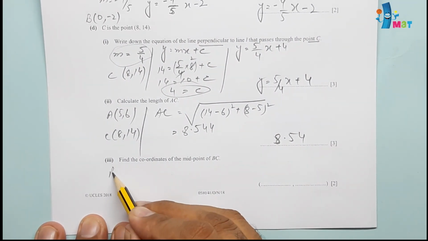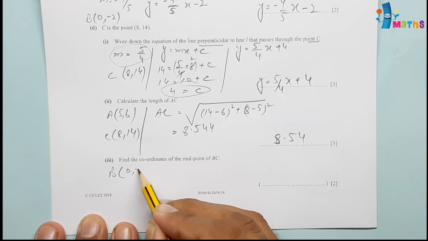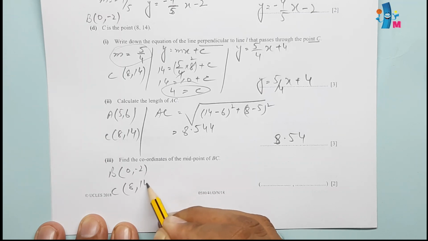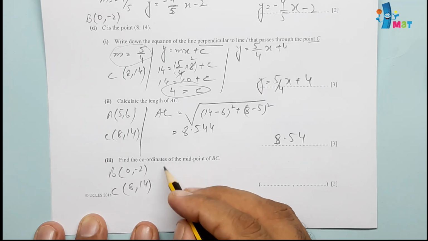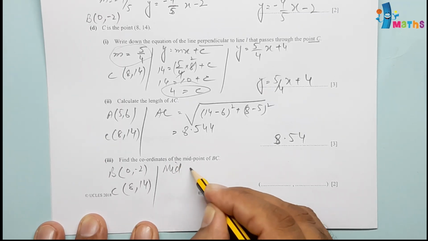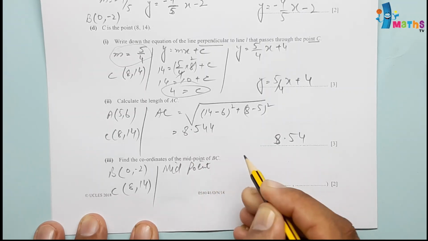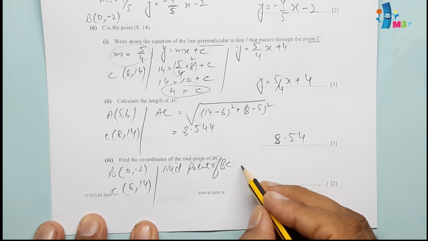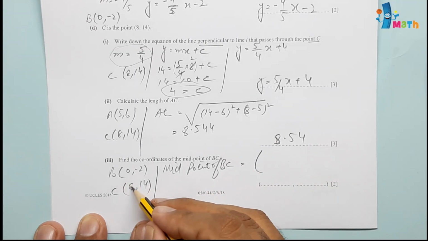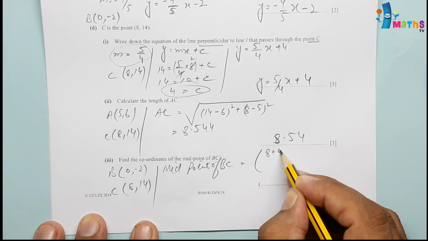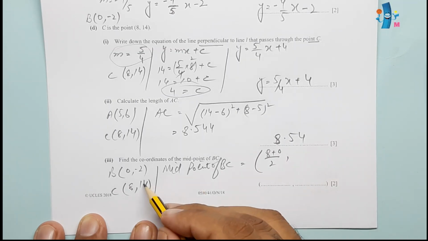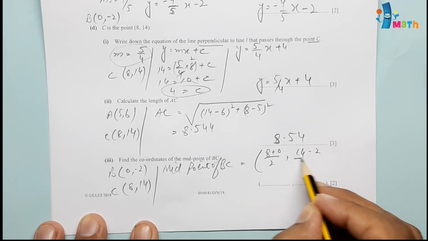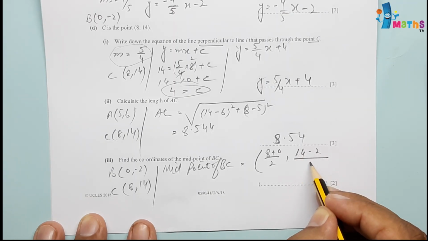Then next part, find the coordinates of the midpoint of BC. We have coordinates of B, which is 0 and minus 2, and C also 8 and 14. So the midpoint of BC will be equal to 8 plus 0 divided by 2, and the y-coordinate will be 14 minus 2 over 2.